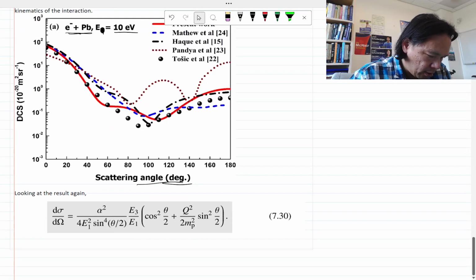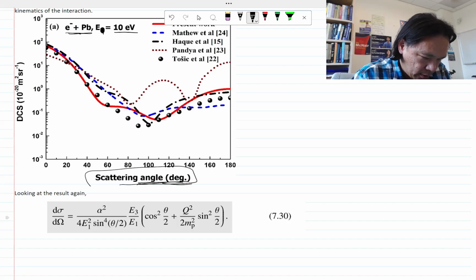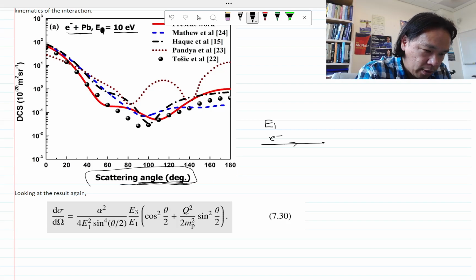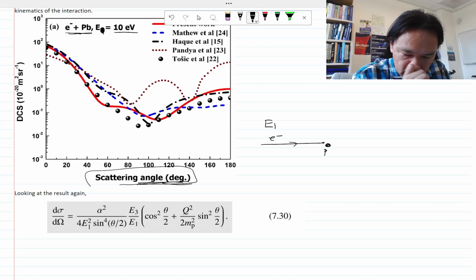Okay, so looking at the result again, as you change the scattering angle, you have a little beam of electrons coming in. By making that beam, you know the electron's energy. Then you collide it with some protons. Typically, what you do is have the protons sitting there, what's known as a stationary target.